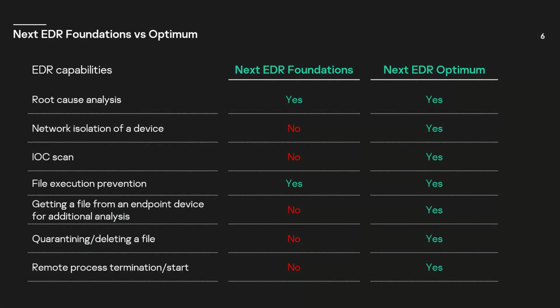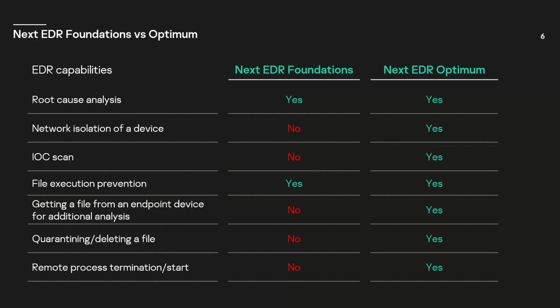Let's now discuss the differences in Kaspersky Next EDR Foundations and Optimum license tiers. You can use the EDR Optimum component in both tiers, Foundations and Optimum. But in Foundations, the EDR Optimum component has fewer features.